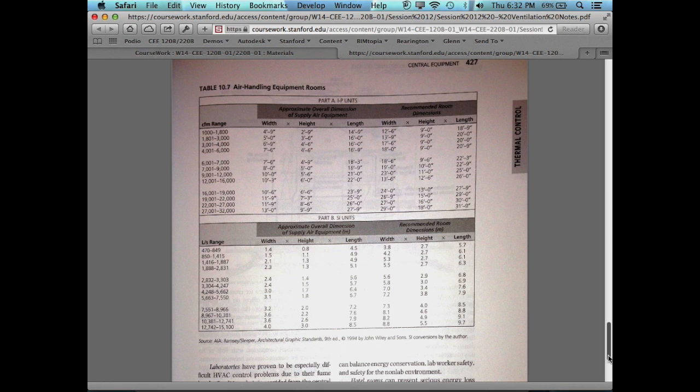If we needed something that was going to supply this 133 cubic feet per minute, down at the low end, the actual equipment would be somewhere around 5 by 3 by, could be up to 15 feet long. So we need a certain amount of space to accommodate that. And let's think about that, because there are a lot of places we can put an air handler. You don't just want them hanging around any old place. Okay, so let's think about that for just a second.